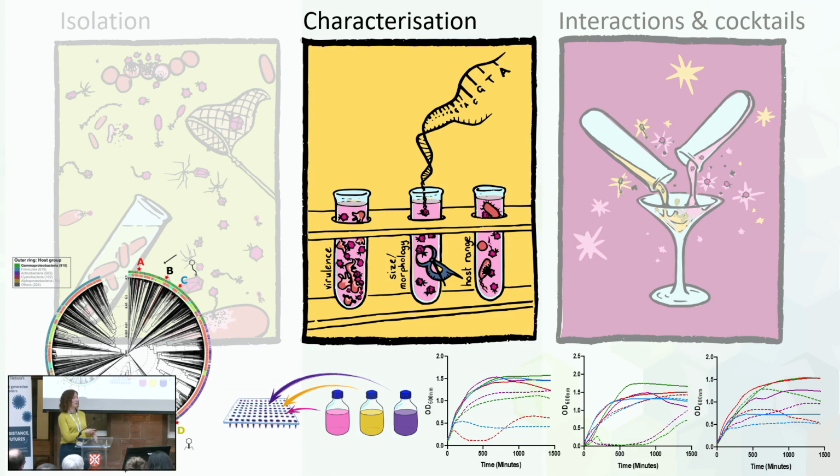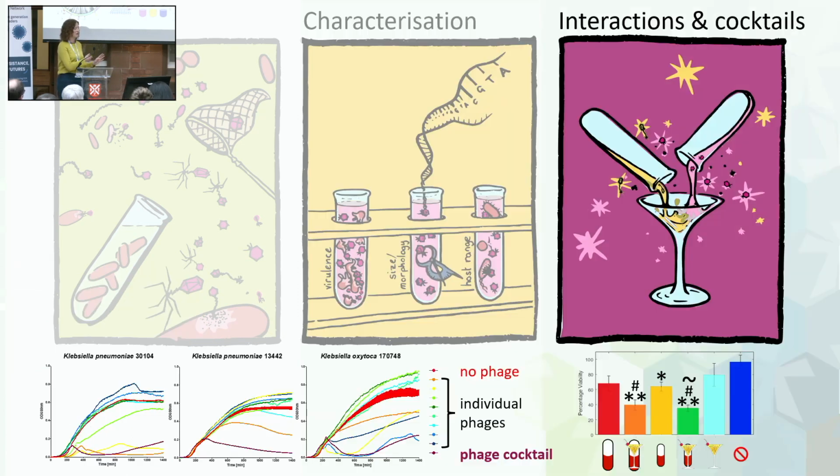So we selected those phages which aren't harmful, which work in our artificial urine media, and then we go on to looking at their interactions. This involves building phage cocktails, which is just combining different phages together, which helps to improve their host range, and it overcomes any phage resistance that the host might develop.